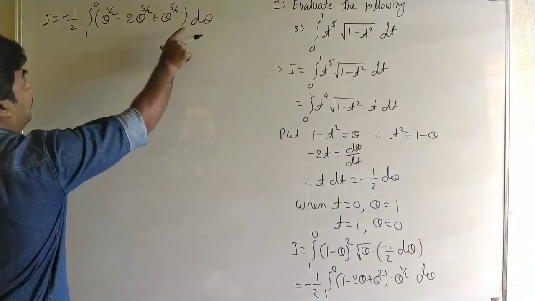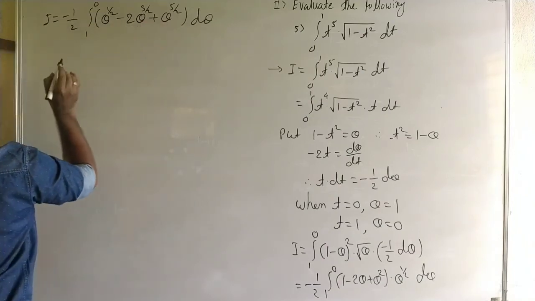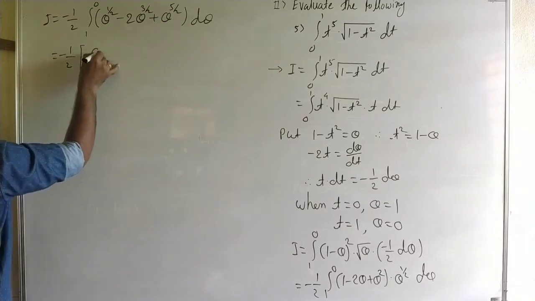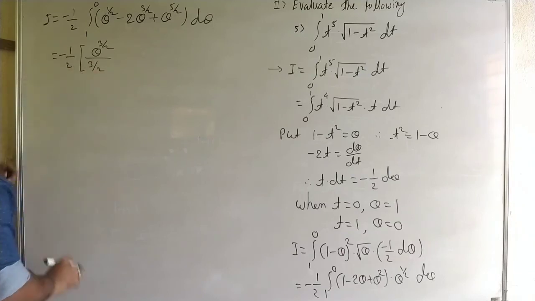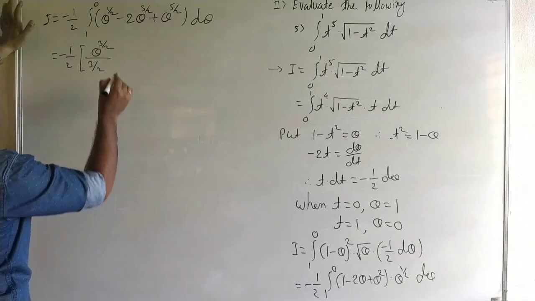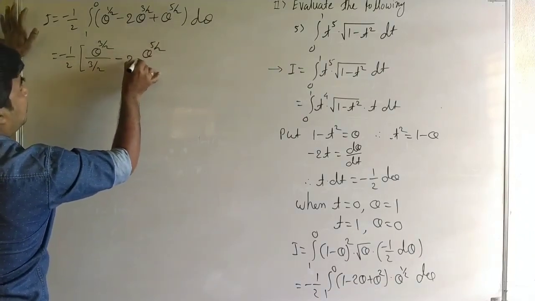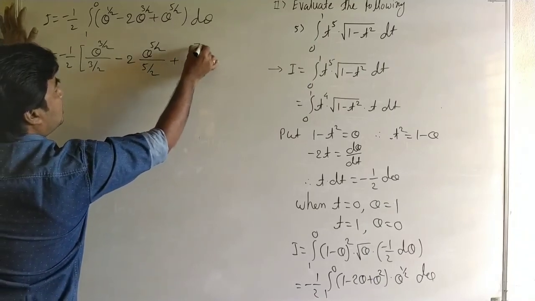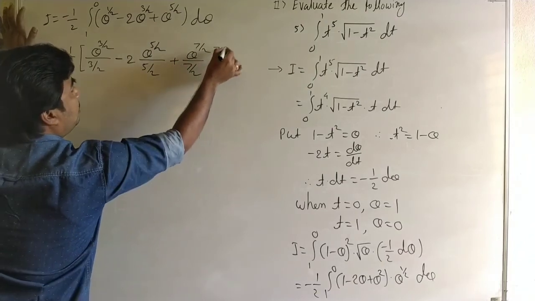And now all three terms are in the form of the standard integral with respect to theta. So it is minus 1 by 2, theta to the power 3 by 2 upon 3 by 2, standard integral, here we use theta to the power n with respect to theta, minus 2 into theta to the power 5 by 2 upon 5 by 2 plus theta to the power 7 by 2 upon 7 by 2, and here the limit is 1 to 0.